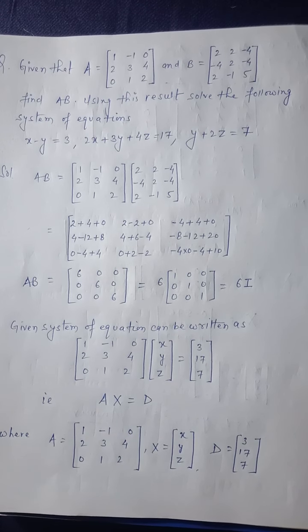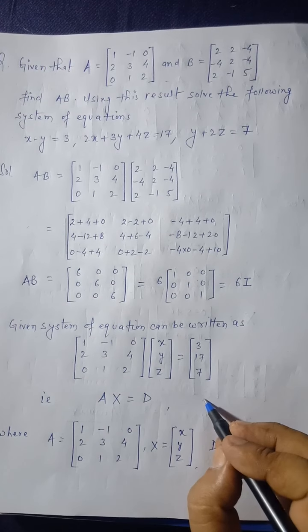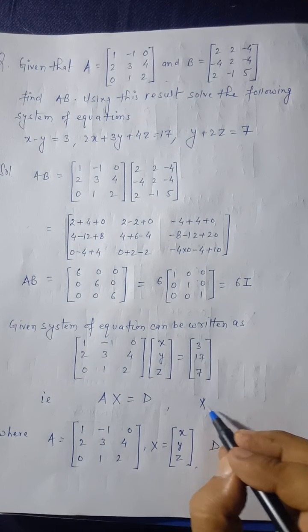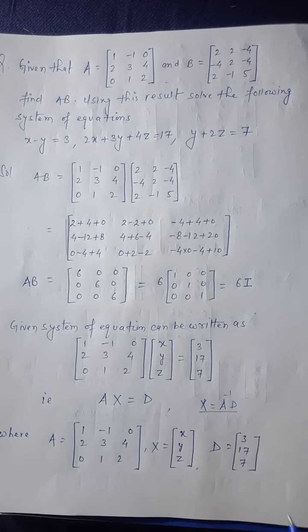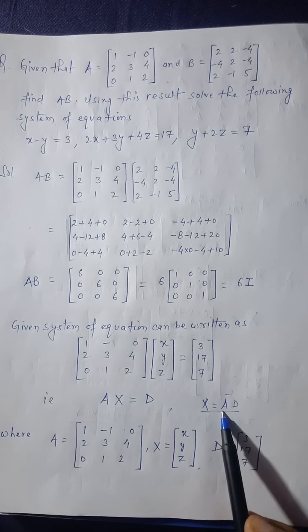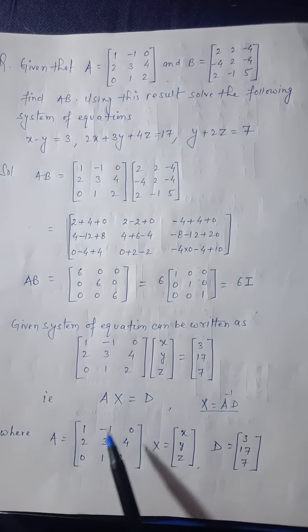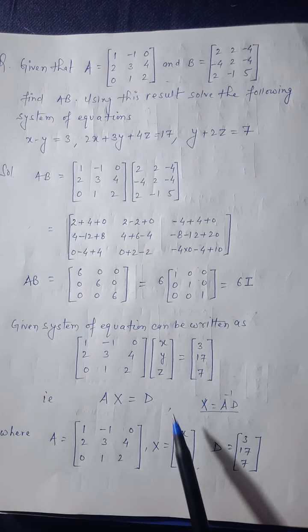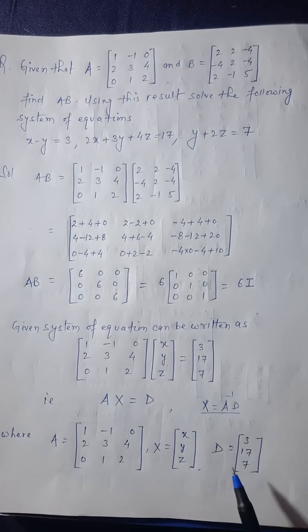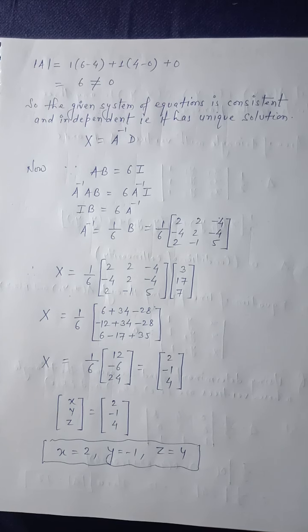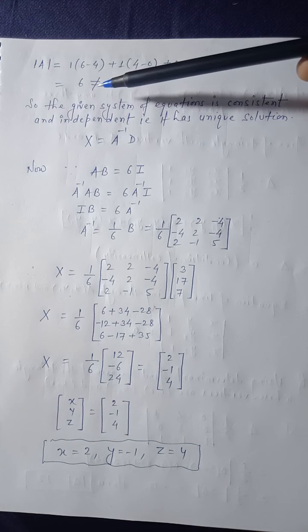So the formula says that X is equal to A inverse into D. Now the next step is to find A inverse. So here A is this matrix, X is x, y, z, and D is here. When you find the determinant of A, it will be 6, which is non-zero.